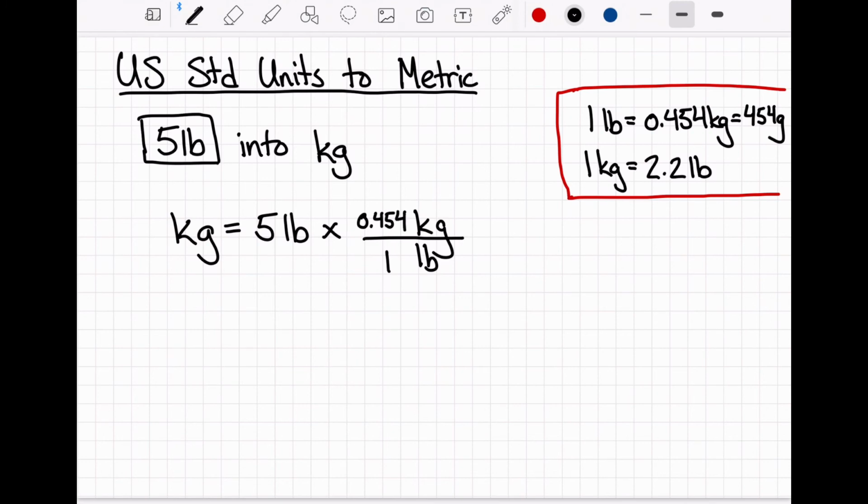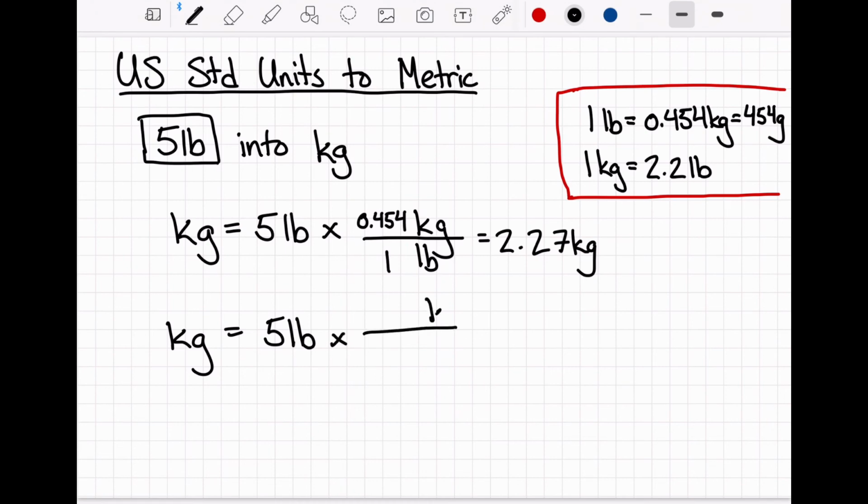That's how we set that up and how we use that conversion factor. We compute this out and we get 2.27 kilograms. And if you say to me, but Erin, I looked it up and 1 kilogram equals 2.2 pounds, I'm going to get a different answer. No, you're not. Let me show you why. So let's set this up again. Kilograms, we have our 5 pounds.